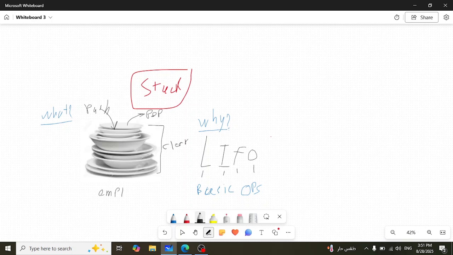Because for some operations we should check first if the stack is empty. For example, the pop, you can't pop from an empty stack. This will raise an error. So before making pop, you must check if the stack is empty or not.